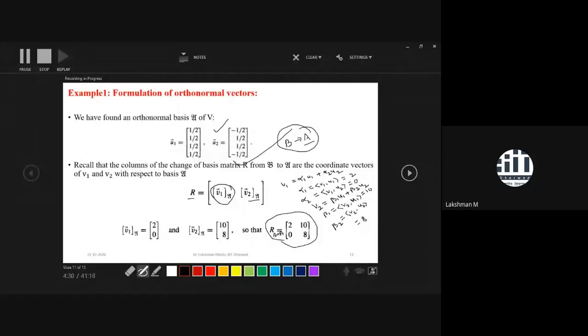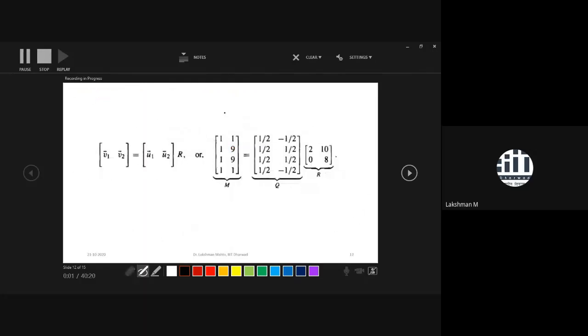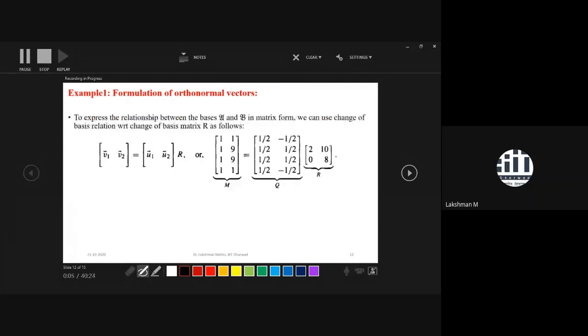Now, do we have any relation of this R with this basis element and the old basis element? Yes, we do. The relation comes directly from the relation between the old coordinate and the new coordinate.